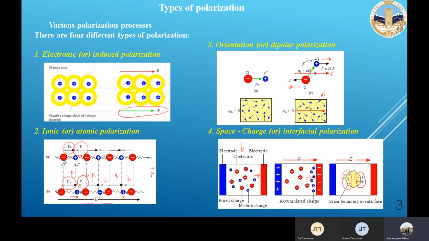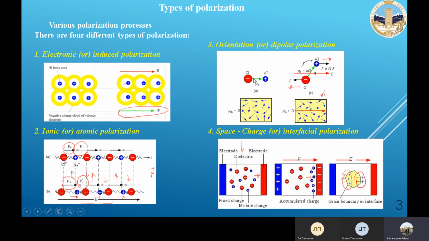It creates a dipole moment in the dielectric. This is called electronic polarization. Second, ionic polarization arises due to the displacement of cations and anions in opposite directions, and occurs in ionic solids in the presence of an electric field.